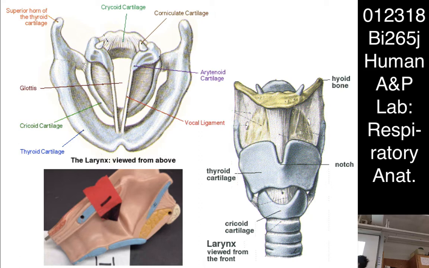What else? So, yeah, there's the corniculate and the arytenoid cartilages. They're obviously very important to the laryngeal apparatus. They are responsible for tightening and loosening what's called the vocal ligament.